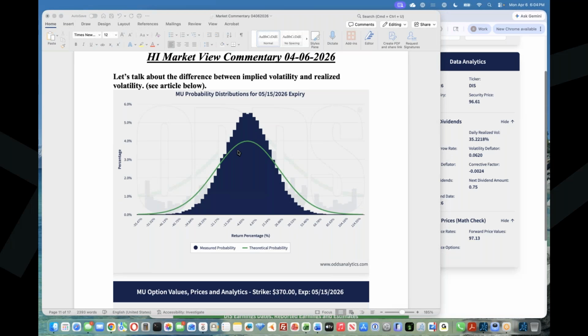Developing the Black-Scholes option pricing model helped Fischer Black and Myron Scholes and those guys, the ones that were living at the time anyway, win the Nobel Prize for bringing order to the options markets. And there's a basic assumption that model makes, and it is this green line right here.